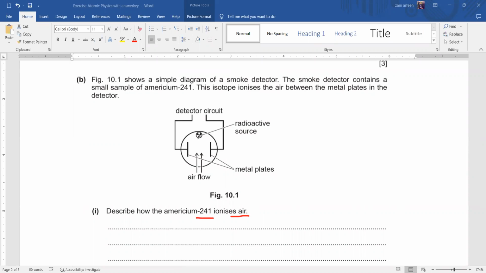This is americium, the radioactive source. What does it emit? It emits alpha. The ionizing power of alpha is more than beta, and beta is more than gamma, mainly because it has a greater mass and charge. But we have to explain how it ionizes the air.